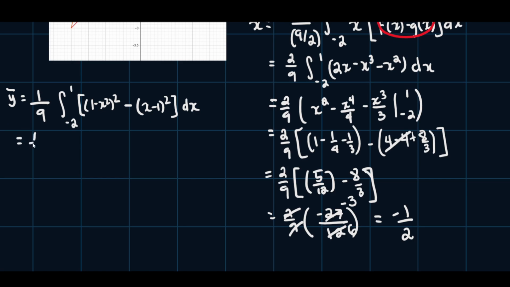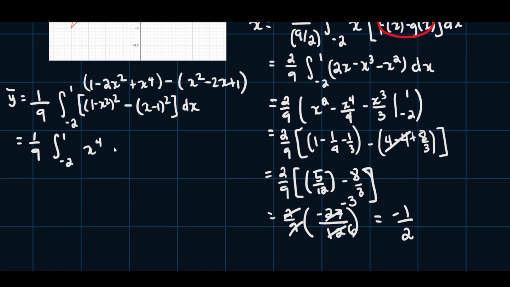Okay, expanding and simplifying 1 over 9, definite integral from -2 to 1. Okay, this gives us 1 minus 2x squared plus x to the 4th minus x squared minus 2x plus 1. So, when simplified, ito ay magiging x to the 4th minus 3x squared plus 2x plus 1 minus 1. Okay. dx.